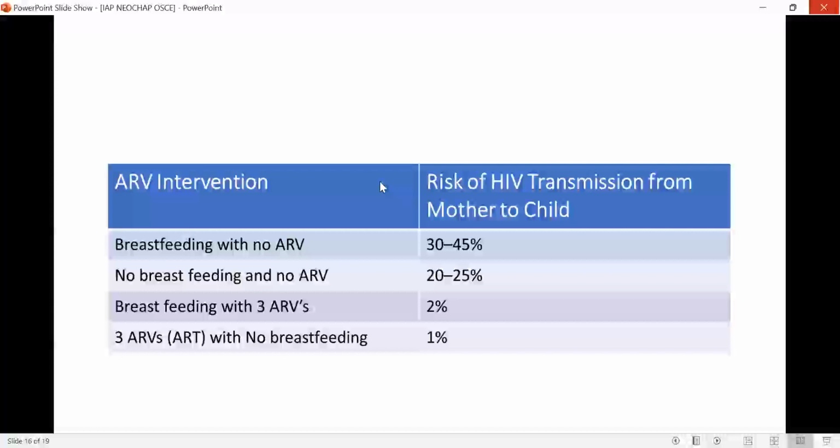So we should encourage breastfeeding even if the mother is positive and if she is on adequate antiretroviral therapy. We should keep this in mind before jumping on to formula feeding or replacement feeding, because breastfeeding has tremendous benefits and the risk reduction is just 1%. It is almost not a big number at all. So I think this point we need to emphasize.